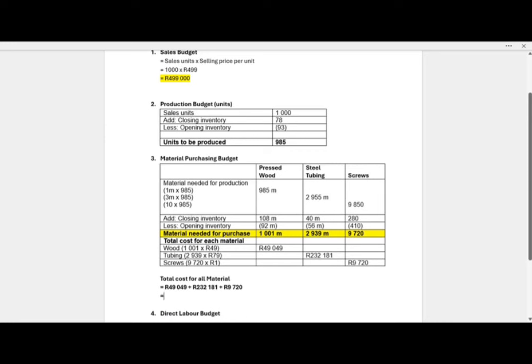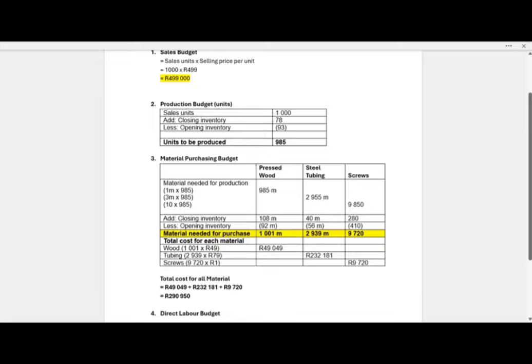And then how much there? Let's add everything: 49,049 plus 232,181 plus 9,720, and then I am getting a total cost of all materials, which is 290,950.